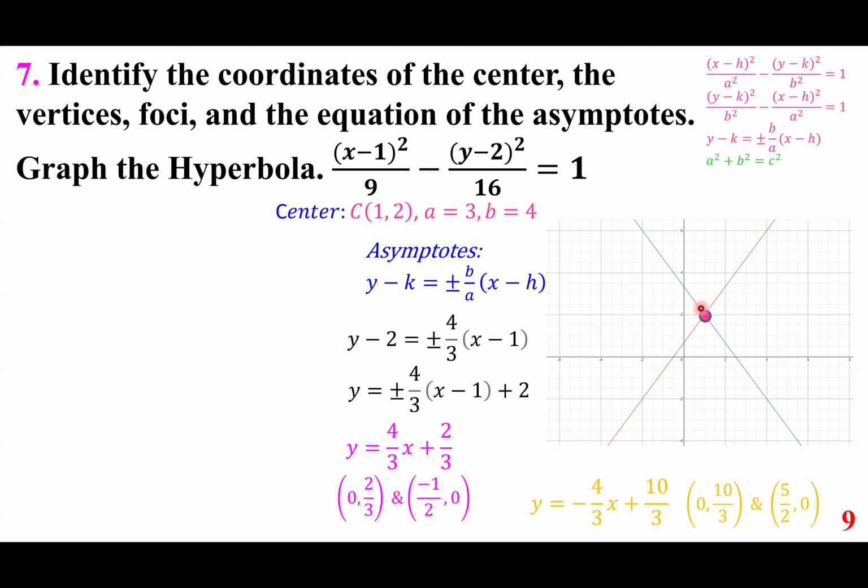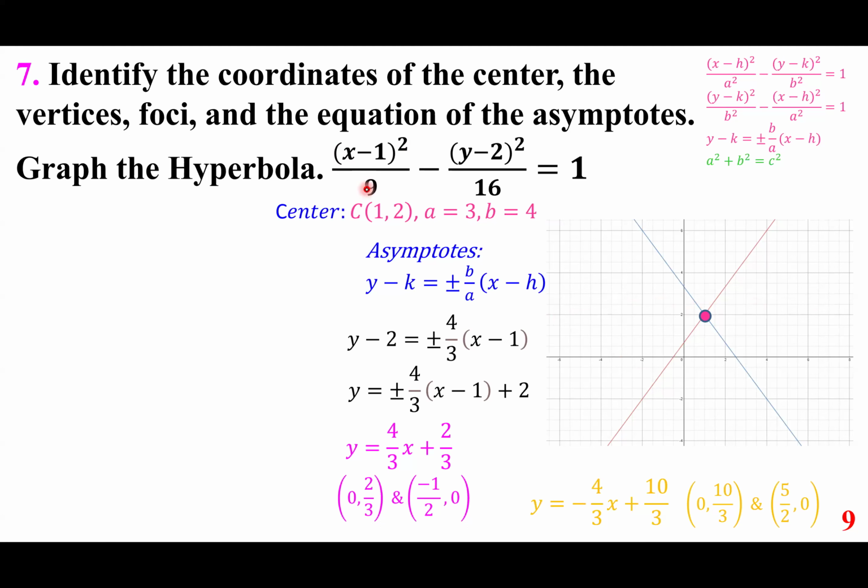1, 2. Now, because x minus 1 squared has a coefficient 1 over 9 in essence, which is positive, the vertices are along this line, which is parallel to the x-axis.